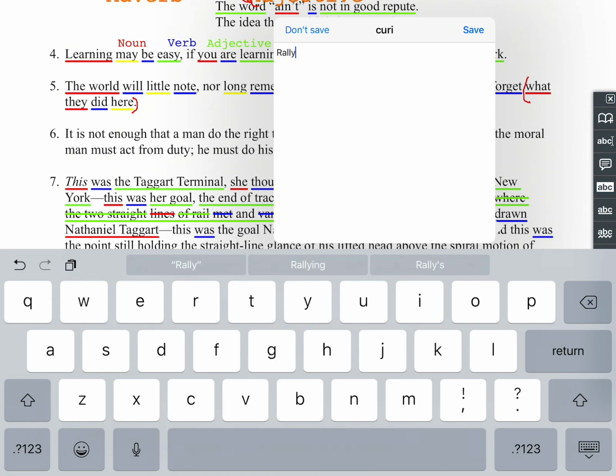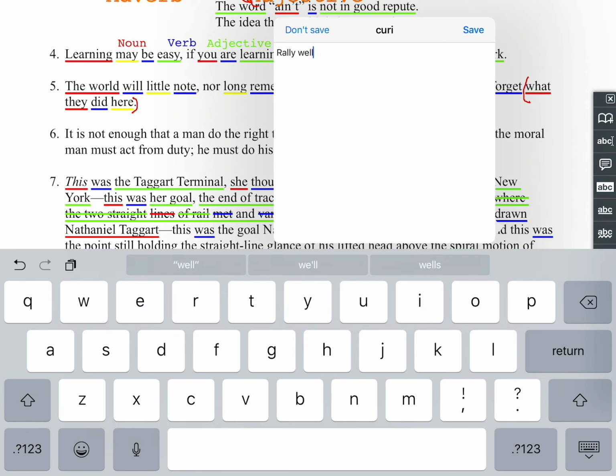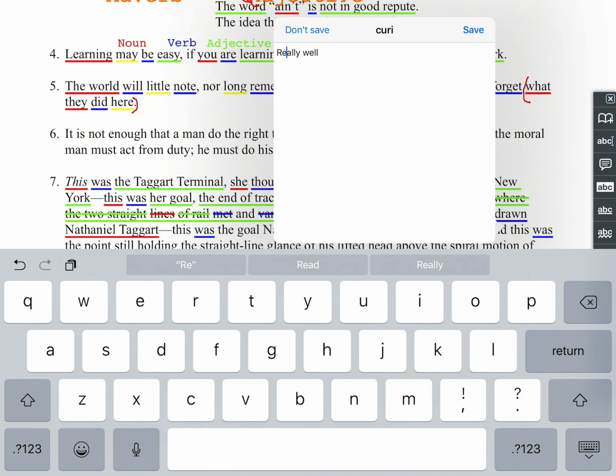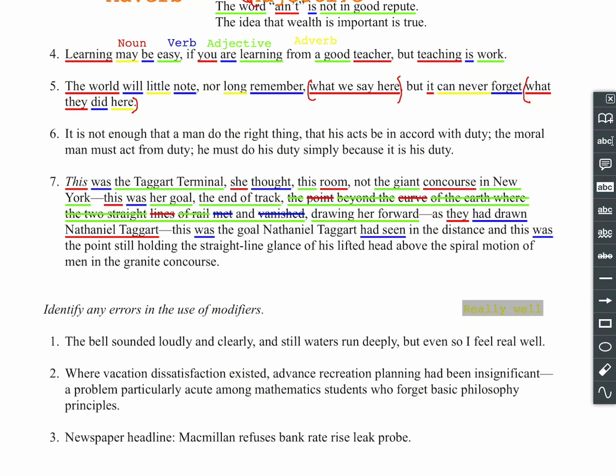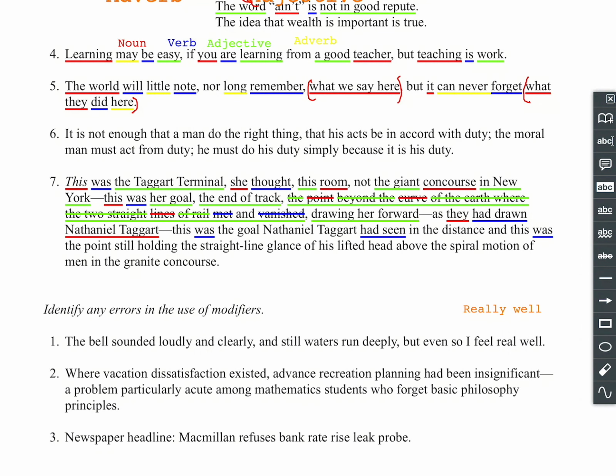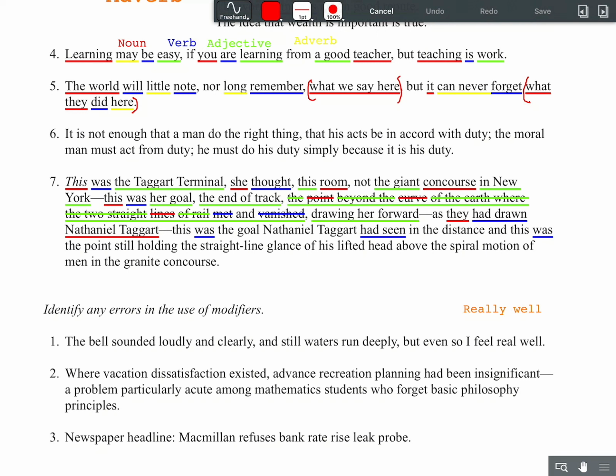Really well. Color. Let's go back to orange. Then freehand. Okay, really well.